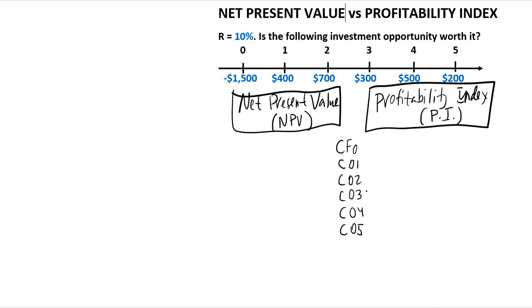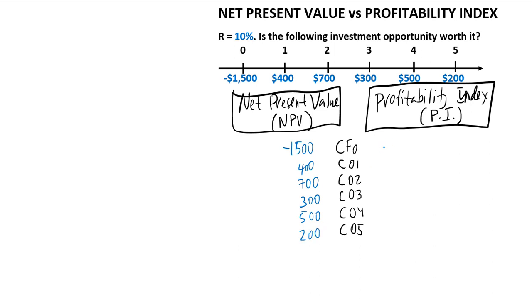You are going to be using the cash flow keys for both investment valuation methods, both the net present value approach and the profitability index approach. What's the difference? For net present value, you're going to enter the numbers that are given. Negative $1,500 for cash flow 0, then $400 for cash flow 1, $700 for cash flow 2, $300 cash flow 3, $500 cash flow 4, $200 cash flow 5.